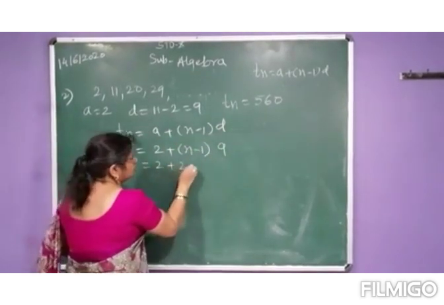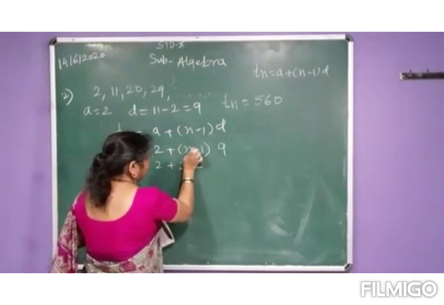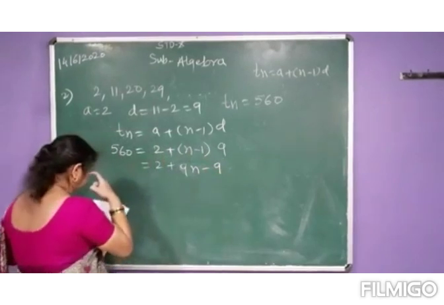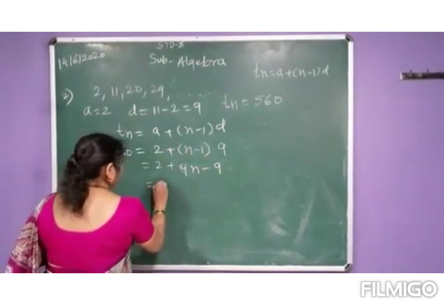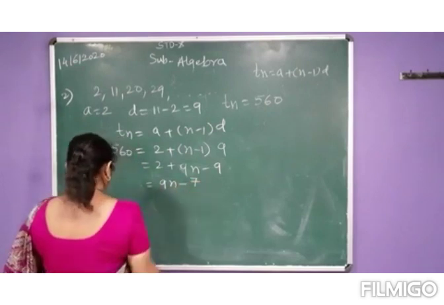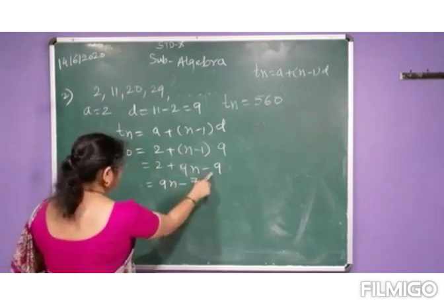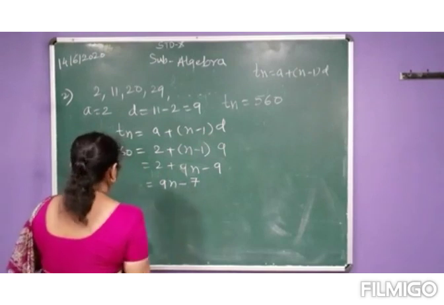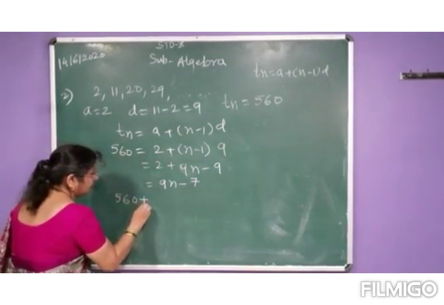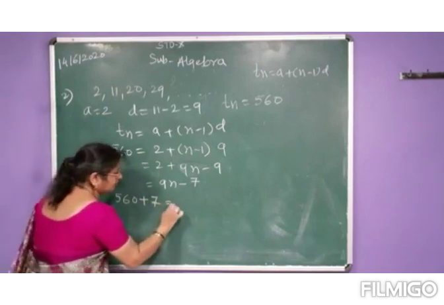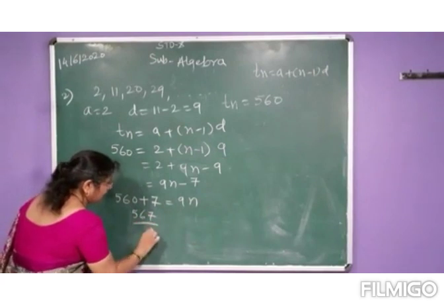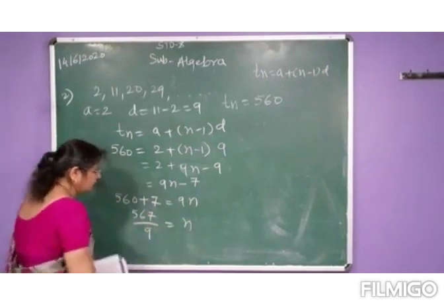So 2 plus 9n minus 9, so 9n minus 7. Correct? 2 minus 9. So 9n minus 7. Now here 560 plus 7, I will transfer this side. So 9n is 567. 567 upon 9 is equal to n.